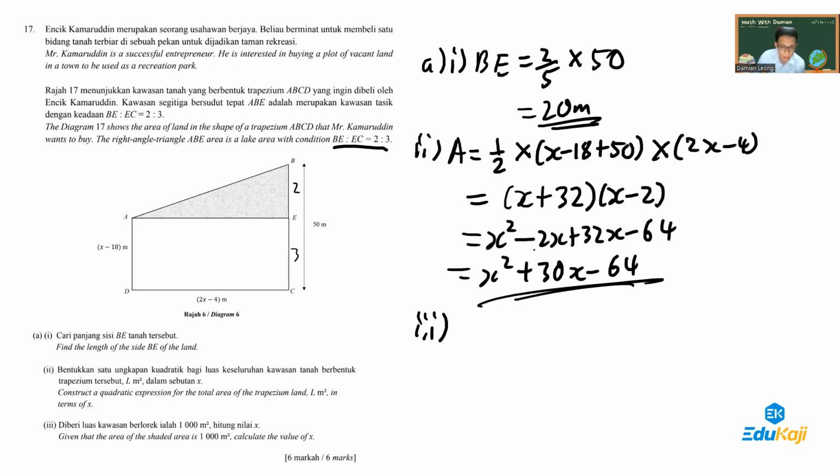Then area of shaded region is 1,000 meters square. Calculate x. So this one, actually don't need. Shaded region here is just a triangle. Half times base 2x minus 4 times height. Here, I already counted, this is 20.